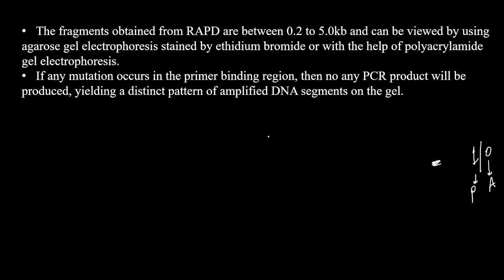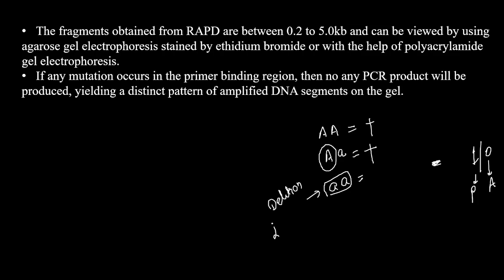In this case, if a primer binding site is present, suppose the primer is binding to this particular allele, and if the individual is capital A, then there will be the presence of a band. If the individual is capital A or small a, because capital A is present, again you will get the presence of a band. But if the individual is small a, because this is created because of a deletion, duplication, or something like that, then the primer will not bind to this site and there will be no amplification.